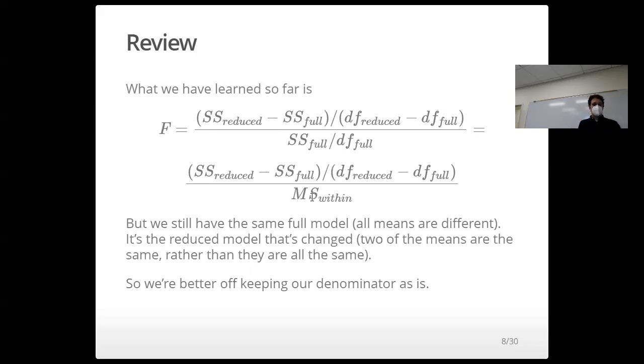And we still have the same full model here. Our reduced model is just saying 2 of the means are equivalent. Our full model is saying all of the means are different. So we really want to use the same denominator here. We don't want to throw away condition B and get rid of that information from our denominator. So we're better off keeping it the way it is. This is going to be a more powerful test.